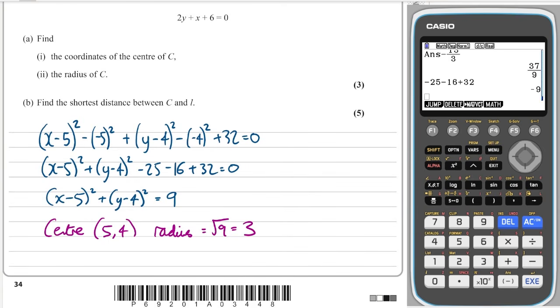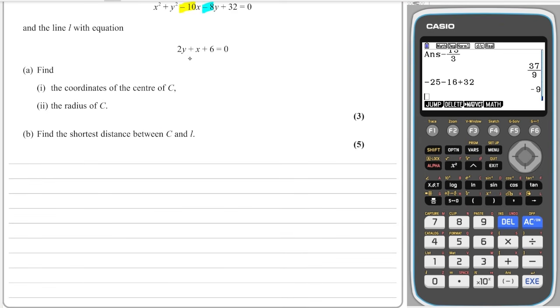So that line there, I'm just going to clear this working to get a bit more space, we could write as 2y is equal to minus x minus 6. And then I could write that as y is equal to minus 1/2 x minus 3. So the gradient of this line is equal to minus 1/2. So the perpendicular gradient, let's call it m2, is always equal to minus 1 over m1. So it's minus 1 over minus 1/2, which is equal to 2.